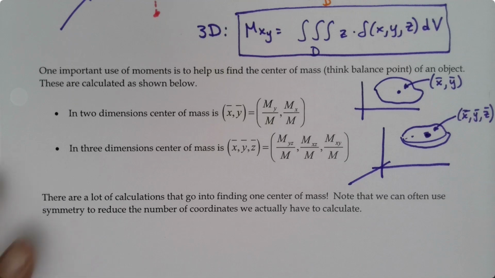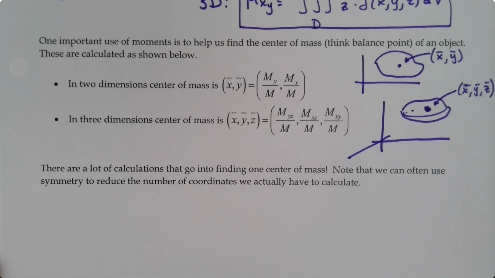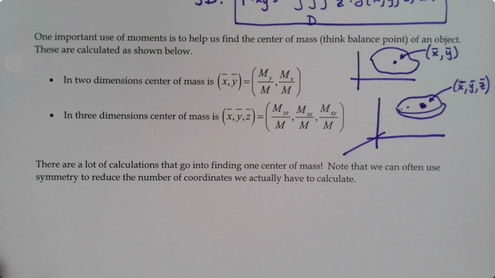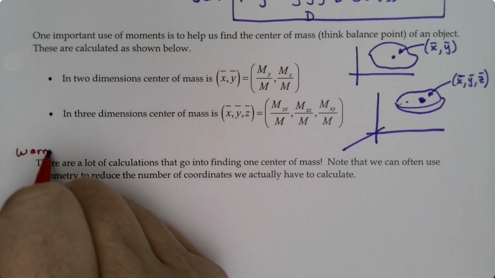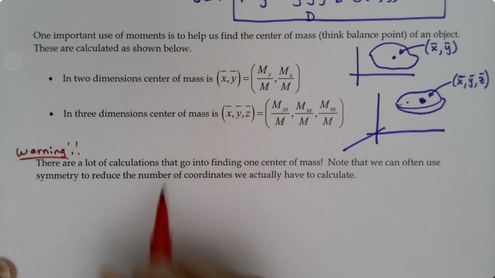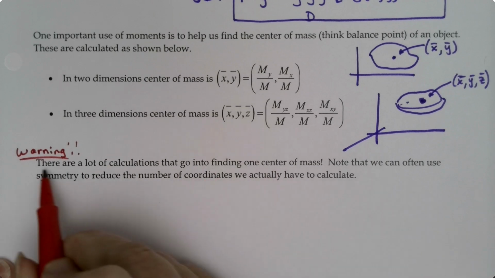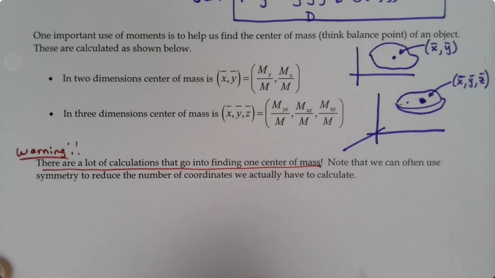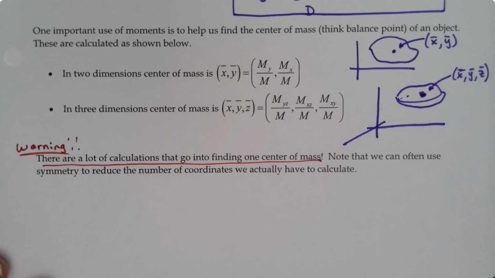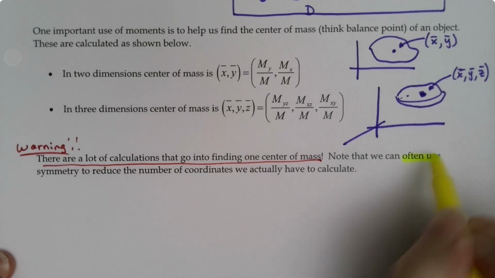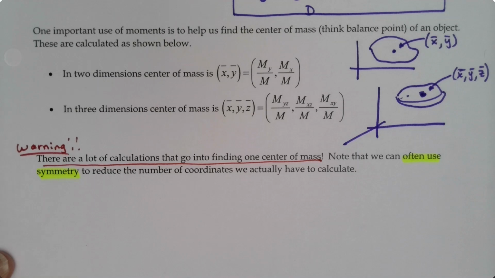Now, before we go tackle a problem that uses these, I'm just going to give you a warning. There are a lot of calculations that go into finding a center of mass. It's going to take a lot of work. These problems are going to take a lot of paper. But we very often use symmetry to reduce the number of coordinates, right? Symmetry will really help.